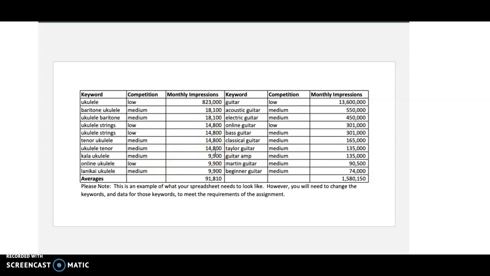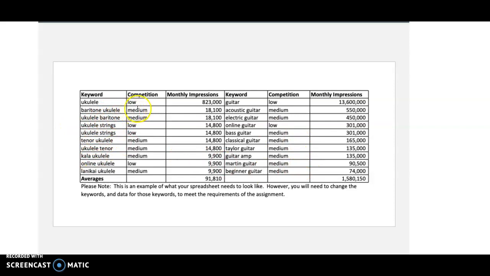A good tip that they cover in the video but sometimes is missed is you do want to download your data from Google Ads in order to get the exact number of monthly impressions. This is a little deceiving on these monthly impressions because they all end in zeros. If you have real monthly impressions, they're not all going to end in whole round numbers like that. So this is just sample data. But you can organize yours in the exact same way.